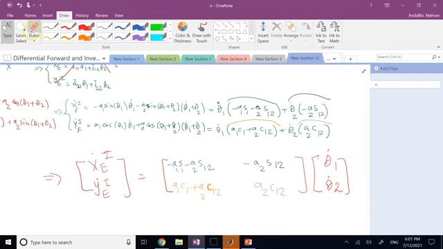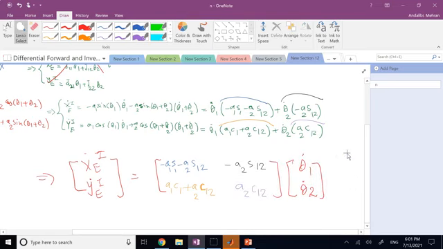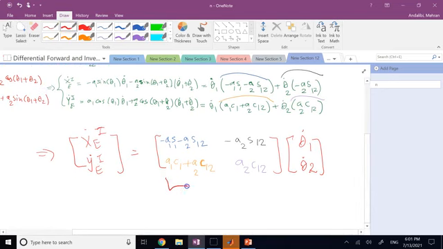Okay, so as you can see clearly, this matrix that I got allowed me to write my end-effector velocities in terms of the joint velocities as a linear relation. Second of all, this matrix that I call J, it's not constant. It is a function of what? There is theta 1 and theta 2 in each component.